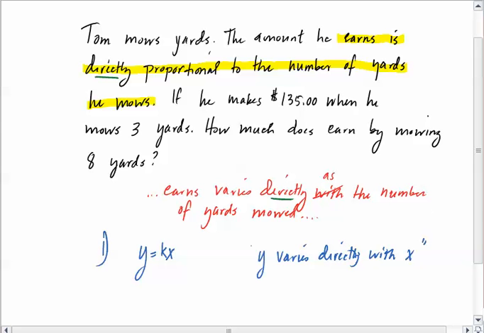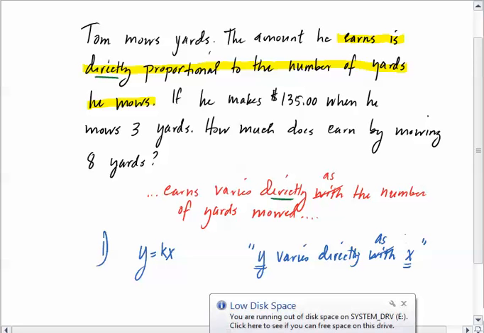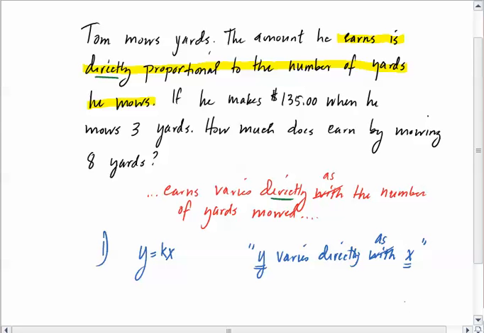So if we put that in a word problem, then we know which is the y and which is the x. Y varies directly with x, also y varies directly as x, or y is directly proportional to x, any of those ways. So that's step one. When we see that it's directly proportional, we write the formula.